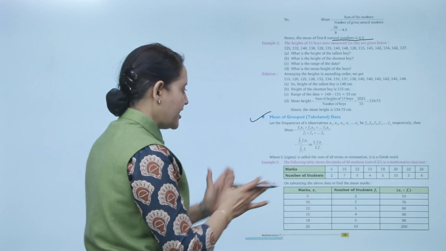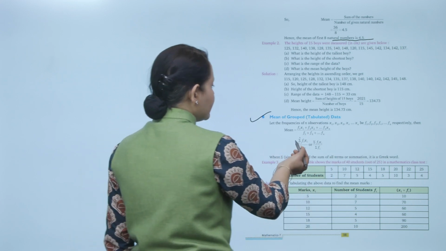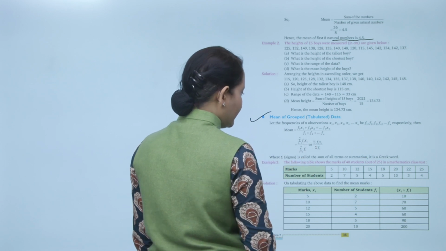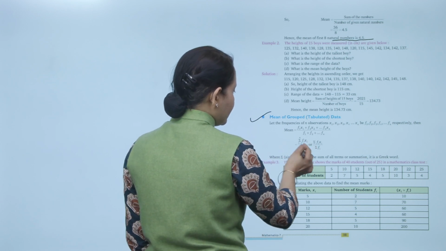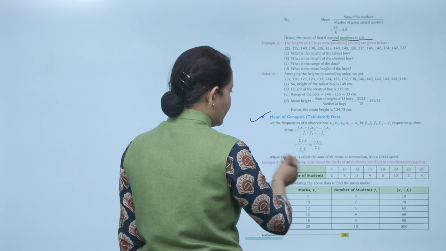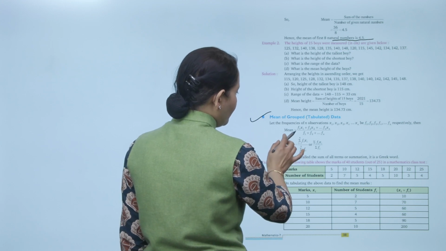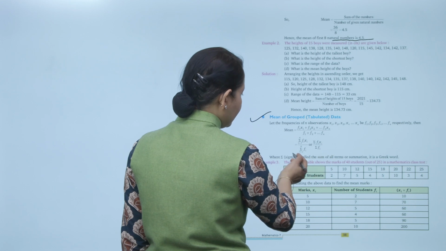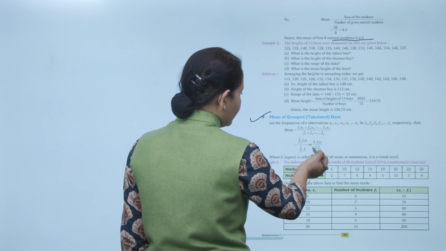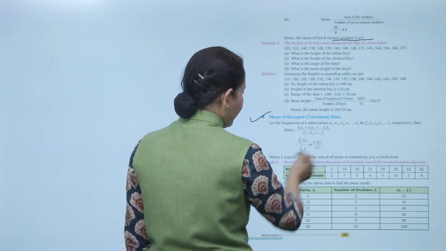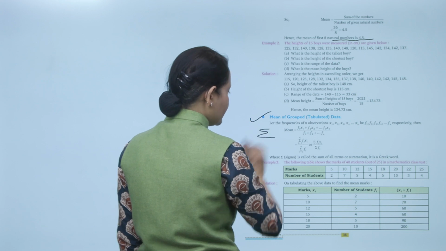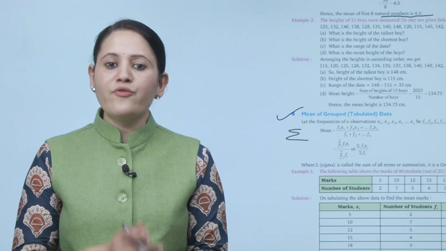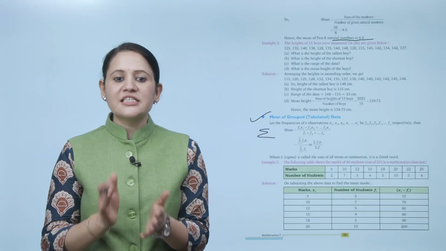So इसको एक साथ में कैसे लिखेंगे? Sigma fi xi upon sigma fi. Limit हो जाएगी i equals 1 to n, divided by sigma fi. This is the sign for sigma. Clear? Where sigma is called the sum of all terms or summation, it is a Greek word.